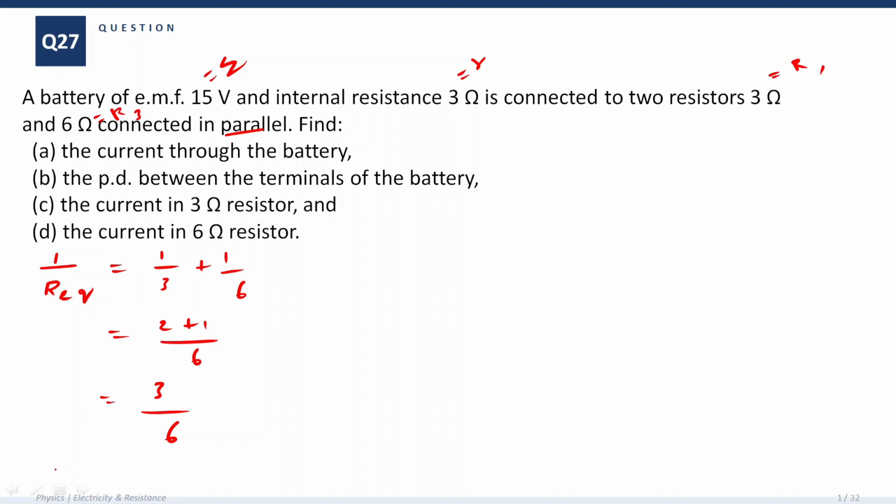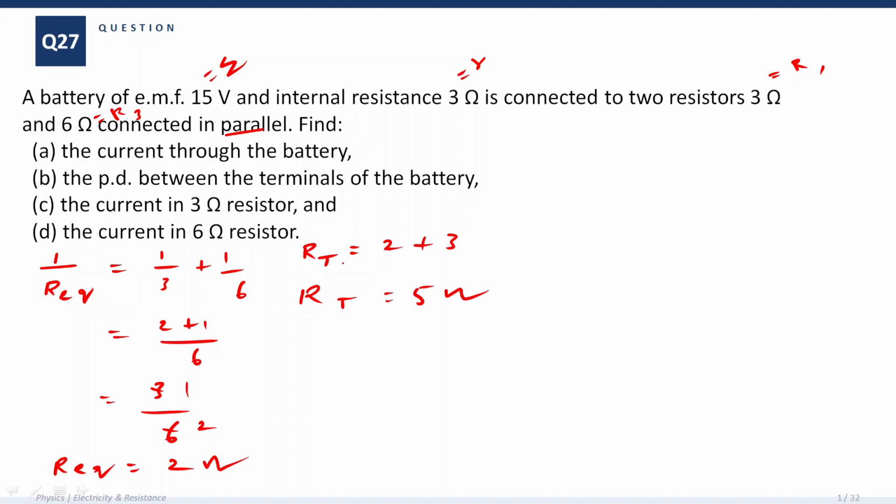Then you will get R equivalent equals 2 ohms. Then I'll find the total resistance in the circuit. So RT equals external resistance we found, 2, plus internal, 3, and total resistance RT equals 5 ohms.